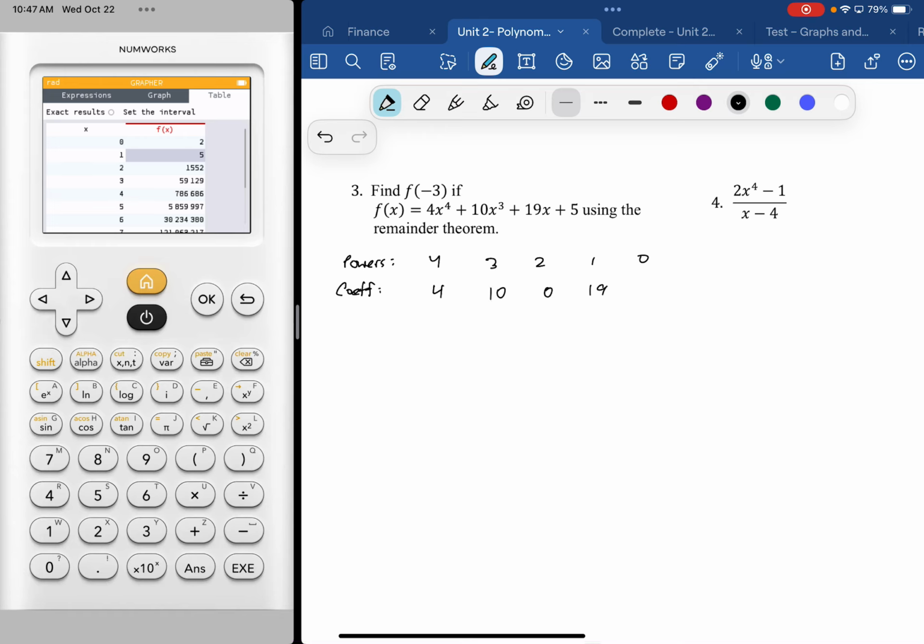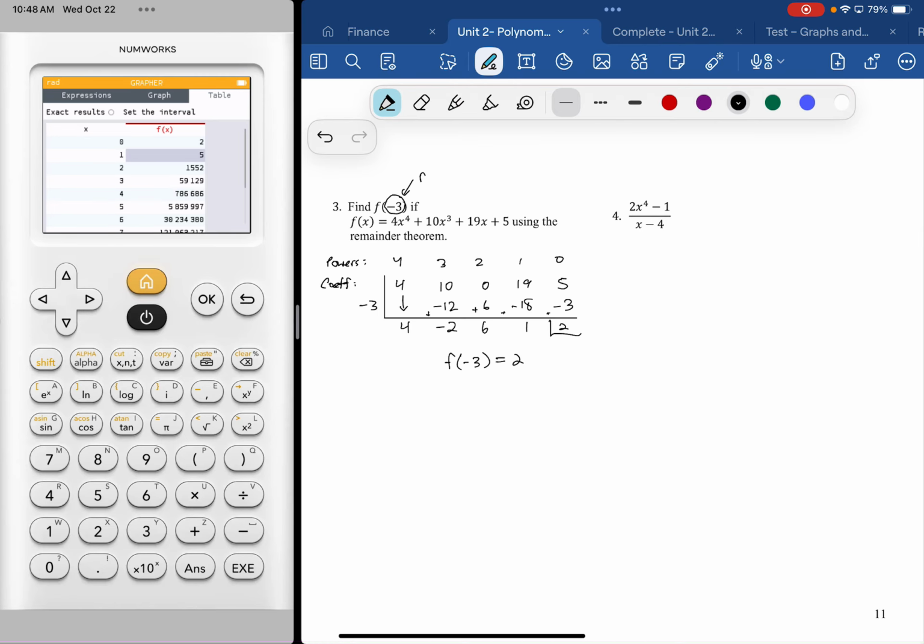Add them together, you get a 1. So we're getting those sums along the way, and we end up with a 2 as a result here. So the remainder theorem tells me that f of -3 is equal to 2. All right, so carry down the coefficient, multiply, add, multiply, add, multiply, add, until you run out of room, and in that context, whatever that remainder is your answer.